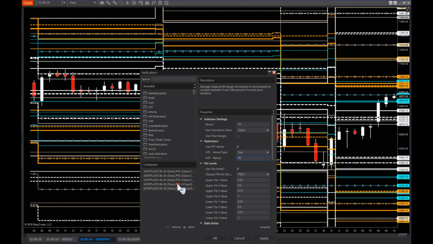Let me get this on 30. I don't need these fibs. You can turn the fibs on or off, and then you can type in here what you want. You can also calculate on the close or the open of the range.